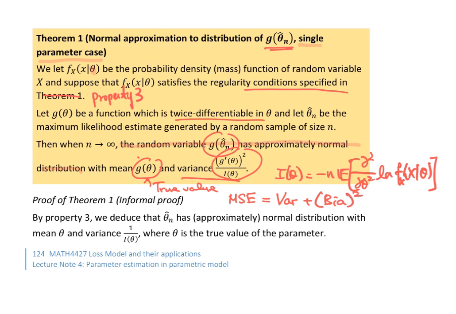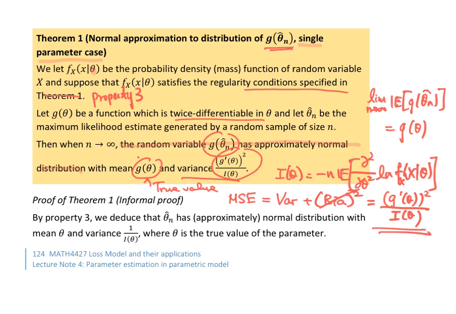But as we know, when n tends to infinity, this estimator has mean g(theta). Taking the limit, that will be equal to g(theta), so it is asymptotically unbiased and the bias will be gone. The variance will be equal to g prime(theta) squared over I(theta), so the mean square error of this estimator will be just equal to this number. So this theorem gives you the answer to those two questions.